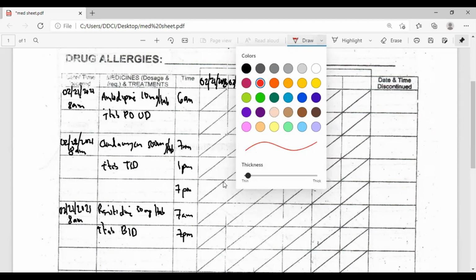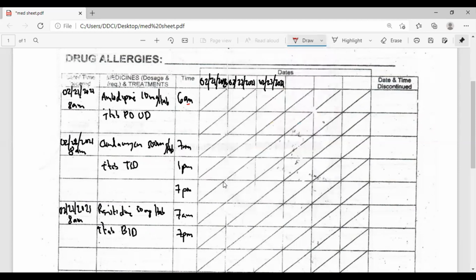So it was given on the next day. So you have to sign here. So 6 a.m. is for the night shift. So you make another line here. Then you sign here. Let's say night shift nurse, night SN, then countersigned by the CI here.